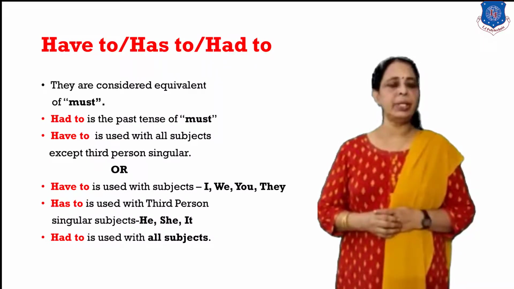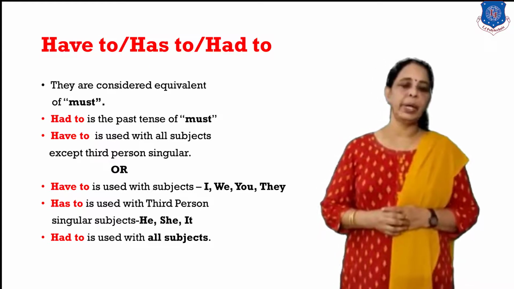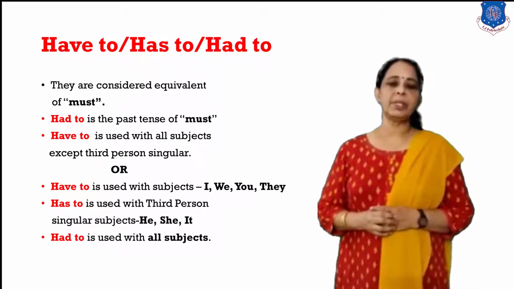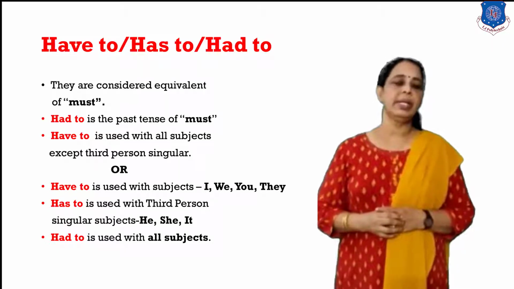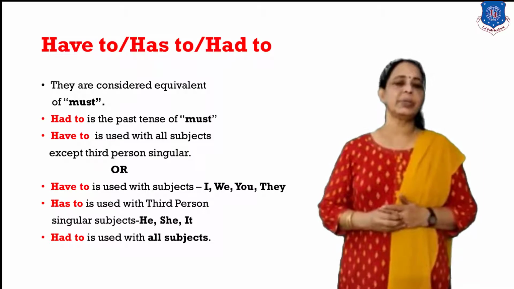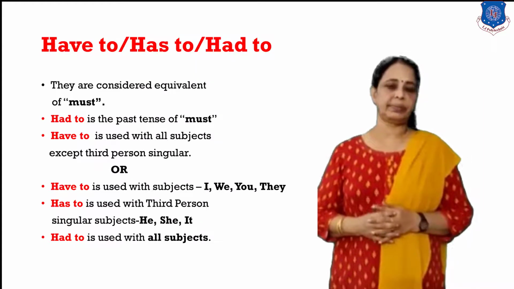It is used with I, we, you and they. Has to is used with third person singular subject, that is he, she and it. Had to is used with all subjects.